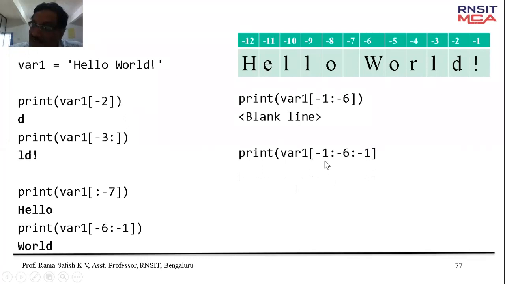In this case, minus 1 colon minus 6. Up to minus 6 it is going to print the exclamation mark, D, L, R, O. It is going to print in the reverse direction, because here you have the increment as minus 1.